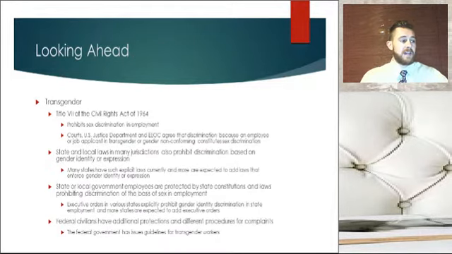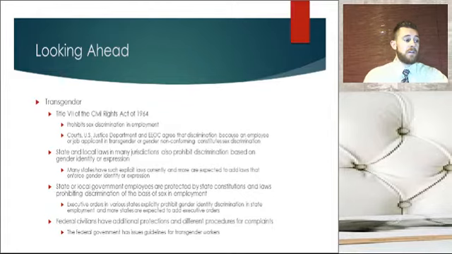Now, when we talk about looking ahead for employment discrimination, with the advancements in technology, there have been things that have been popping up that have been targeted recently. One of those is transgender employees. Title VII of the Civil Rights Act of 1964 prohibits sex discrimination in employment.